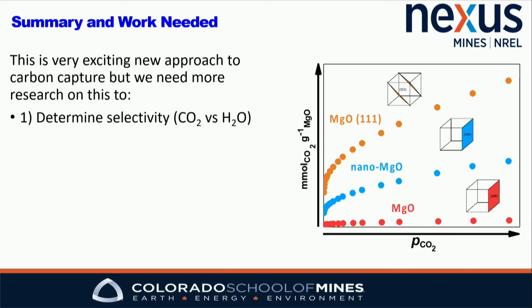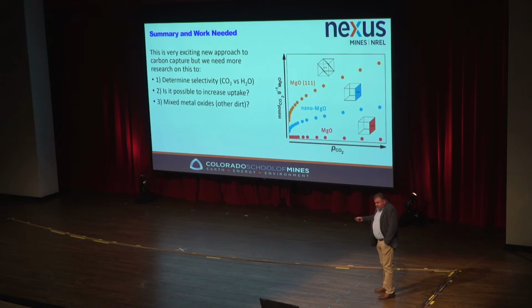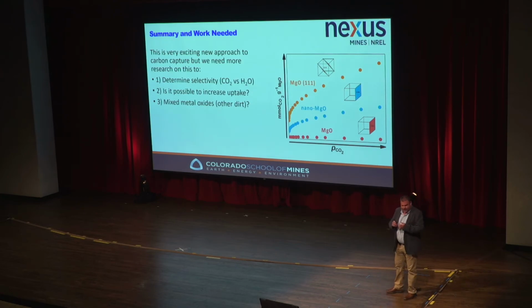But is there a selectivity issue? So there's other things in our atmosphere other than CO2. So are they competing with each other? Is it possible? What are the limits on how much we can take up? What about mixed oxides? What about other dirt? Can we mix dirt together in different ways and get it to surface restructure and do some stuff for us?